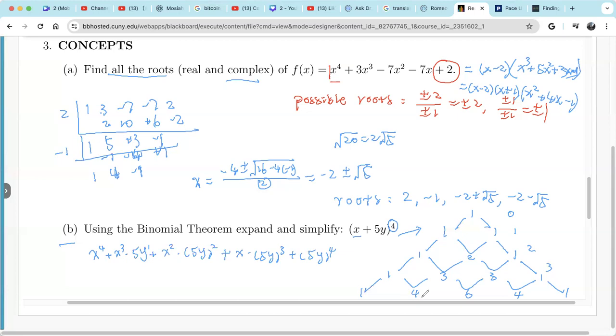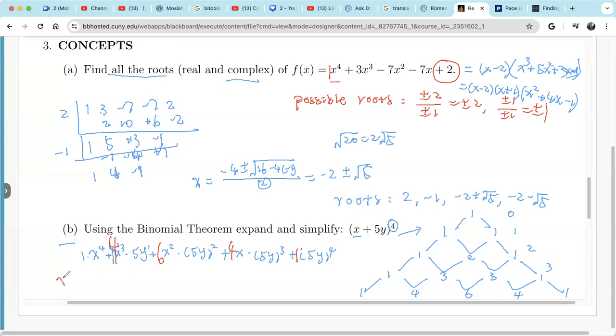Now let's multiply those coefficients. So the first one, just 1 times this. Second one is 4. Maybe I should use red color. So the coefficient of the second one is 4. Coefficient of the third one is 6. Then this one is 4. Last one is 1.